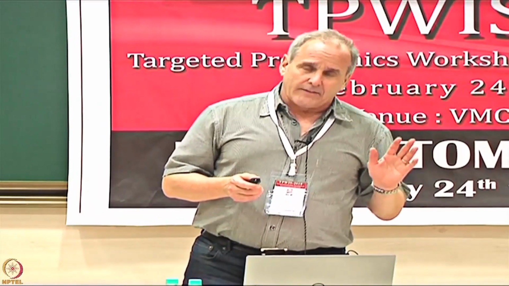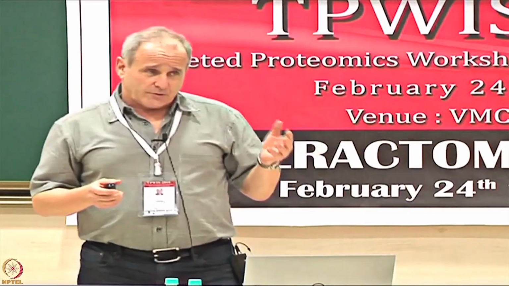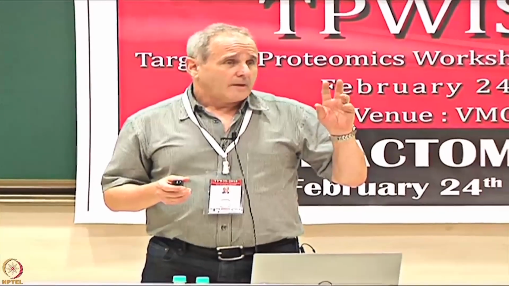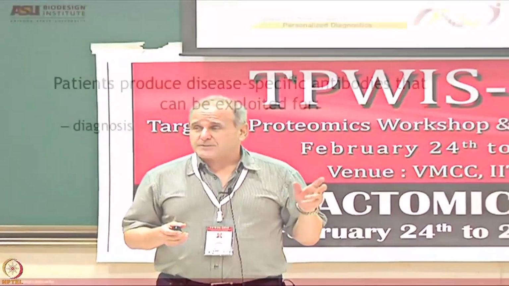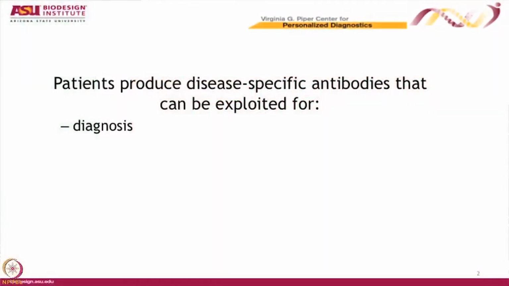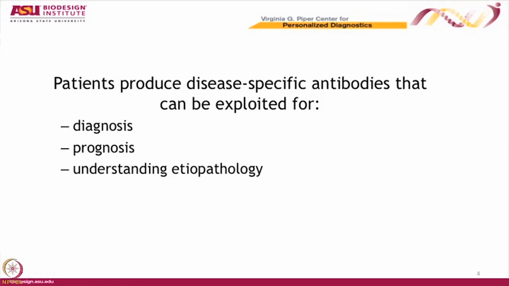So I think I already mentioned to you this idea that in certain diseases, individuals produce proteins that may induce an immune response, particularly a B-cell immune response, that leads to antibodies, and that those antibodies can act as biomarkers for disease. And so we've talked today a little bit about using biomarkers for diagnosis, for prognosis.